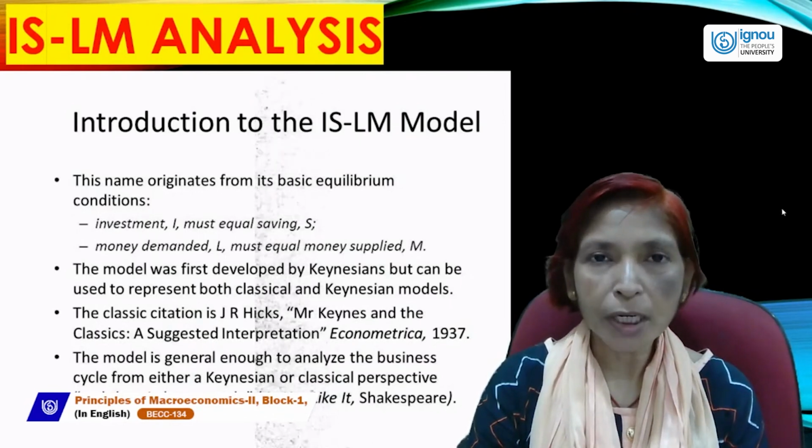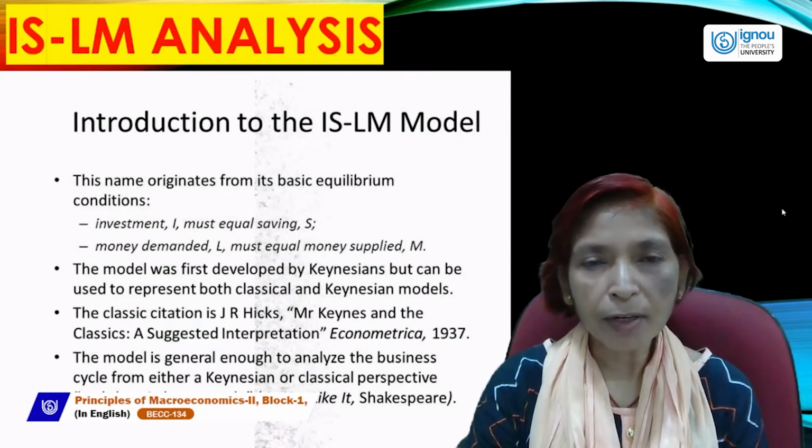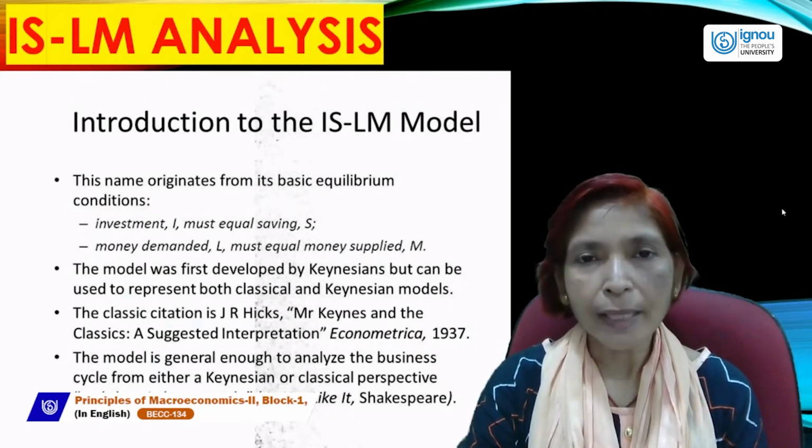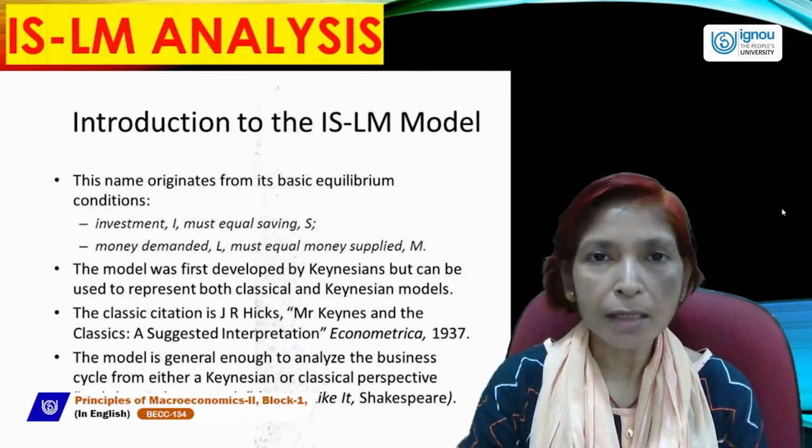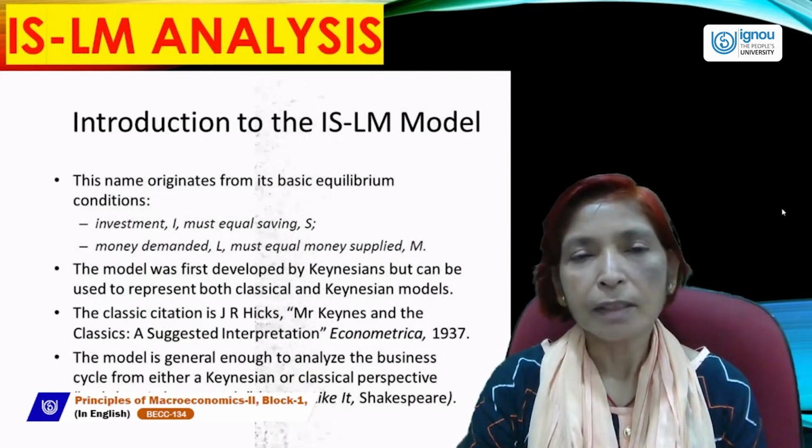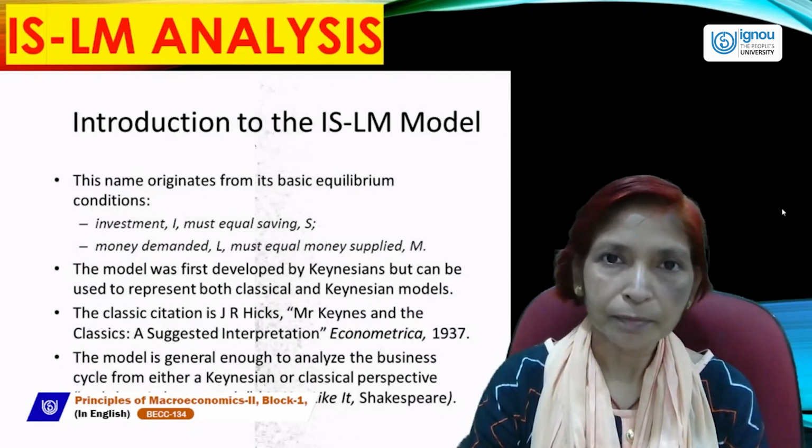But according to J.R. Hicks, the rate of interest is determined at the point where the IS and LM curves intersect each other.